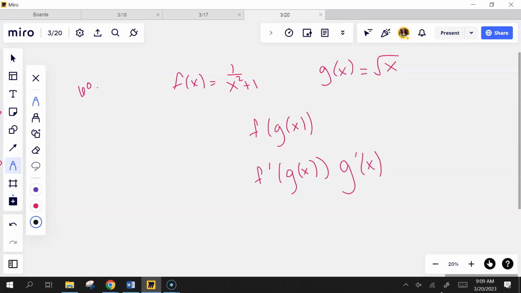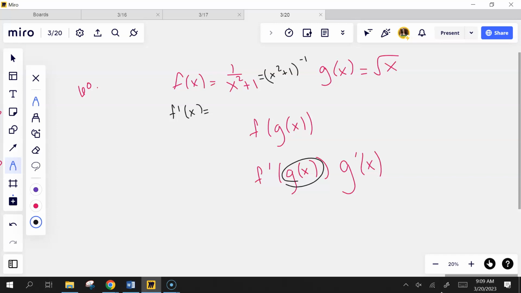So I might just come in here and say, well, the derivative of f is, so you could make this an exponent and then chain it, or you could do the quotient property. I guess first, though, we could plug g in.